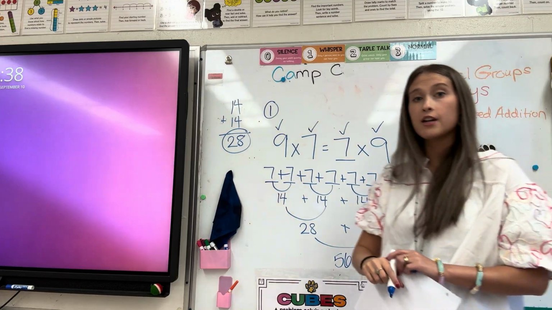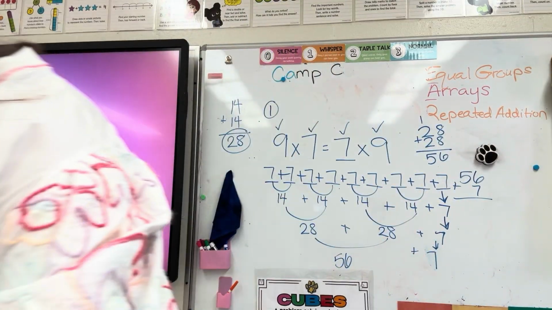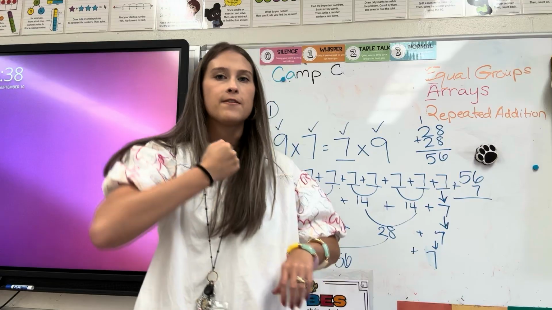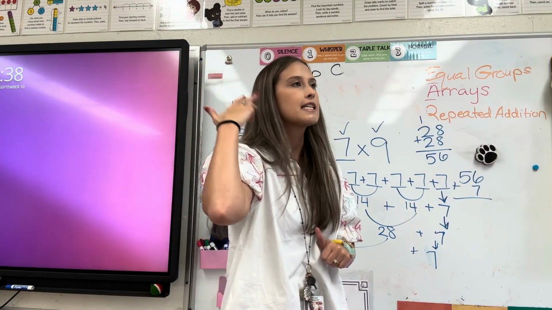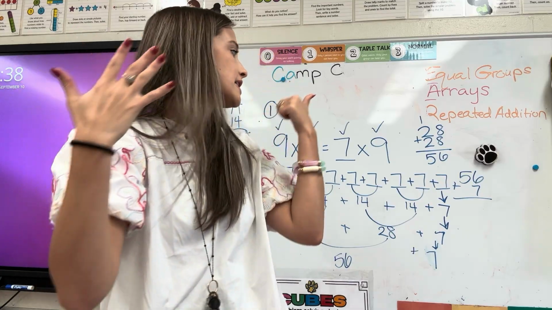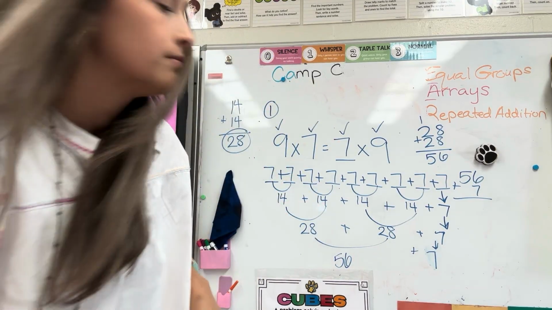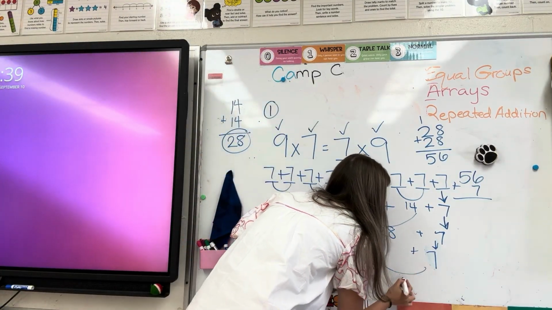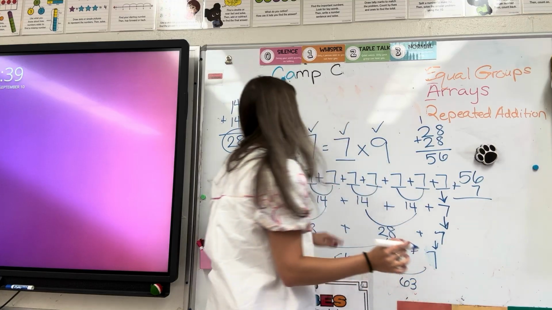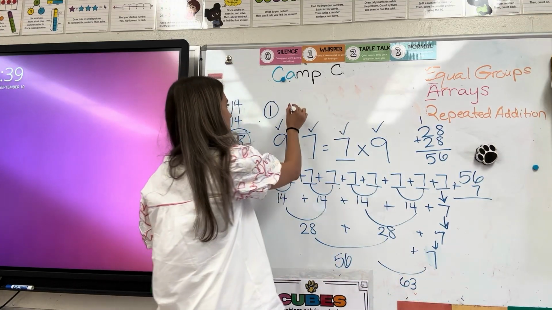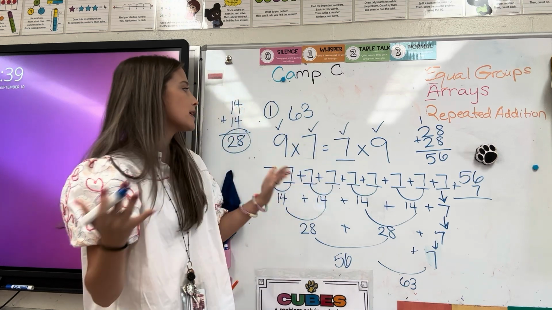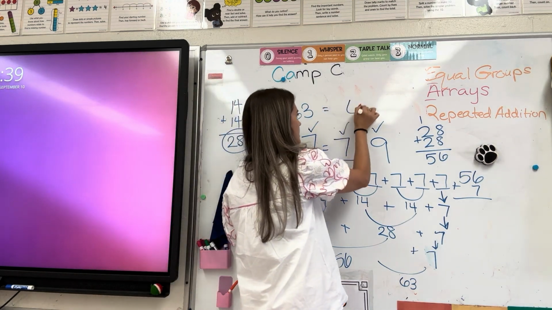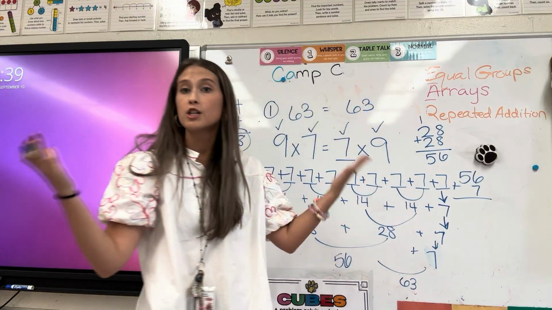We have 7 fingers, so grab your 56, count up 7. 56, 57, 58, 59, 60, 61, 62, 63. So 9 times 7 is 63. If 9 times 7 is 63, what is 7 times 9? 63. What did we just do? We just checked our answer.